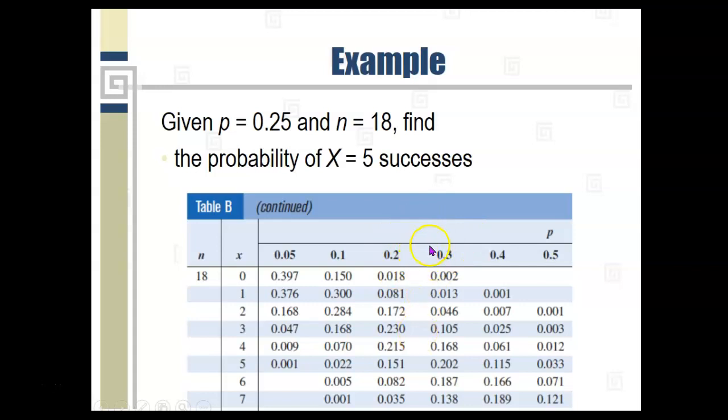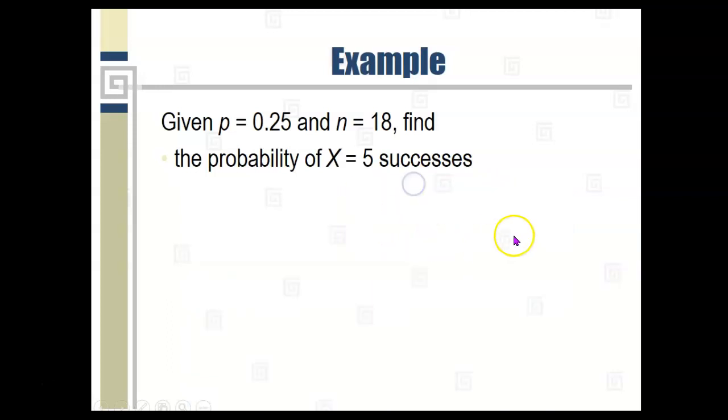There is no column for 0.25, so that's one problem with the table. It doesn't always work because sometimes you might get a p or an n that isn't one of the ones on the table. So in that case, we would have to use one of those other methods, like a graphing calculator or the formula or something like that.